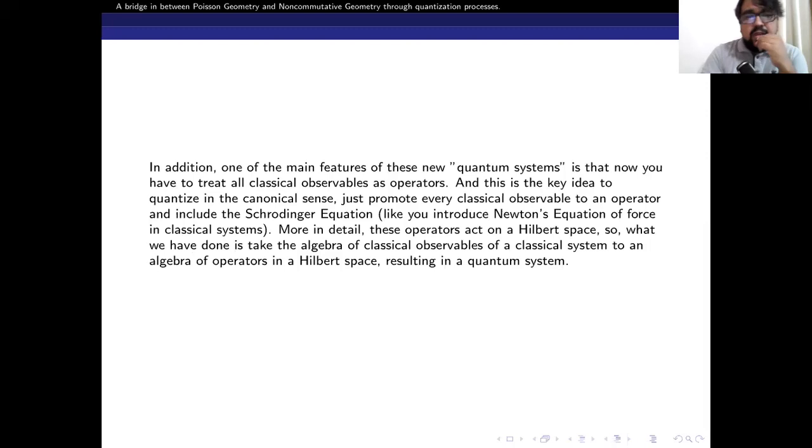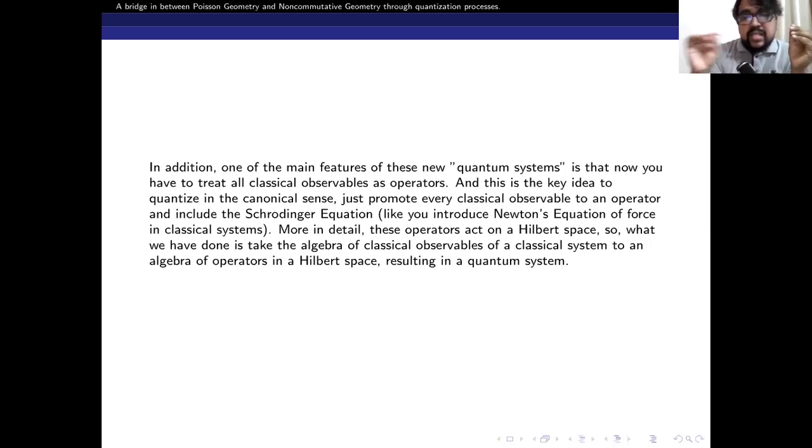In addition, one of the main features this new quantum system has is that now you have to treat all classical observables, which are basically real functions, as operators. So this is the key idea to quantize in the canonical sense.